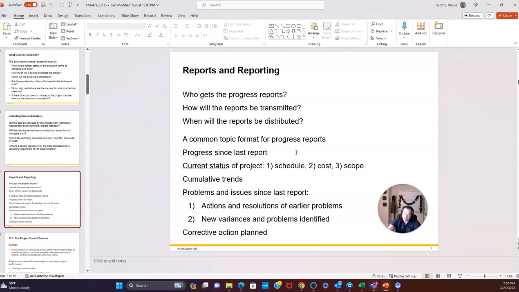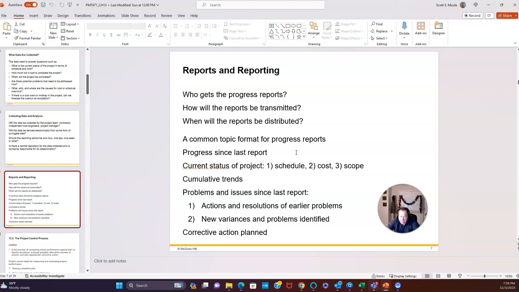Are you under cost? Are you over cost? And are all the features I'm looking for going to be delivered, or are we going to miss some of the deliverables? So when you're looking at the reports, those are the three key metrics you always want to be able to communicate with your project.